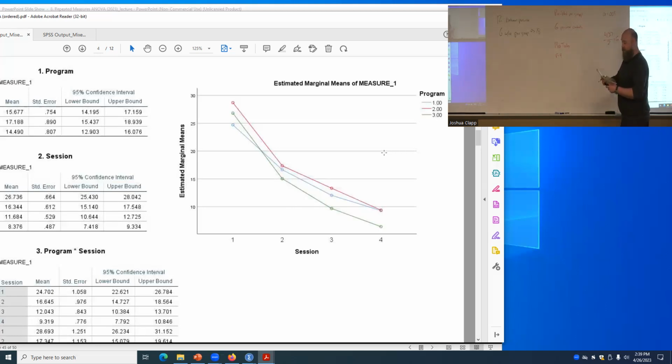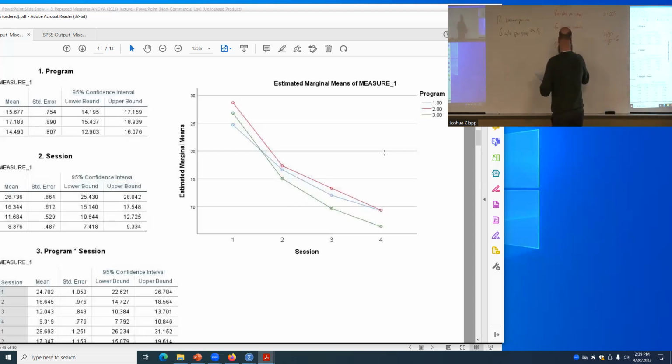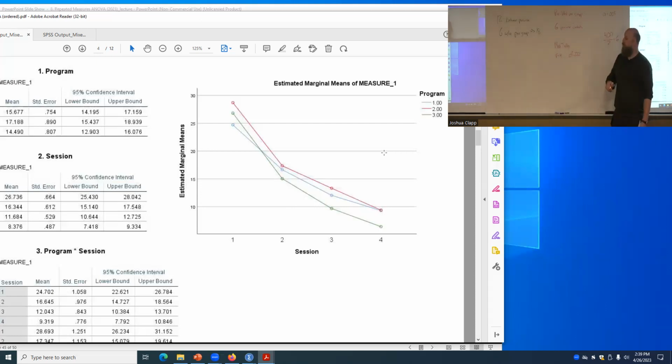If I go through and look across my groups, I can set degrees of freedom to 222. Because remember, if we're using a modified Tukey, we have to set degrees of freedom to test this.